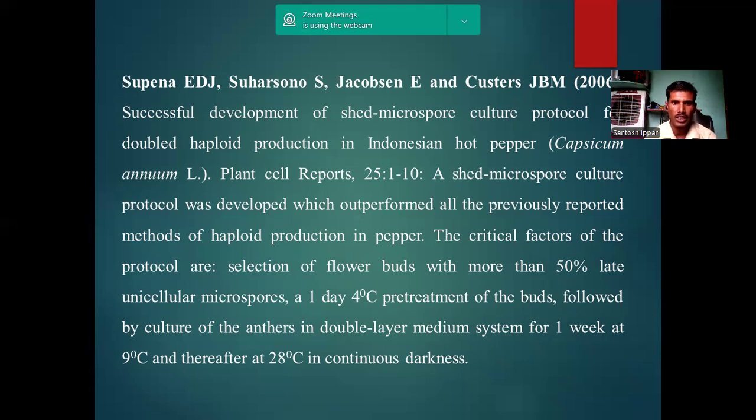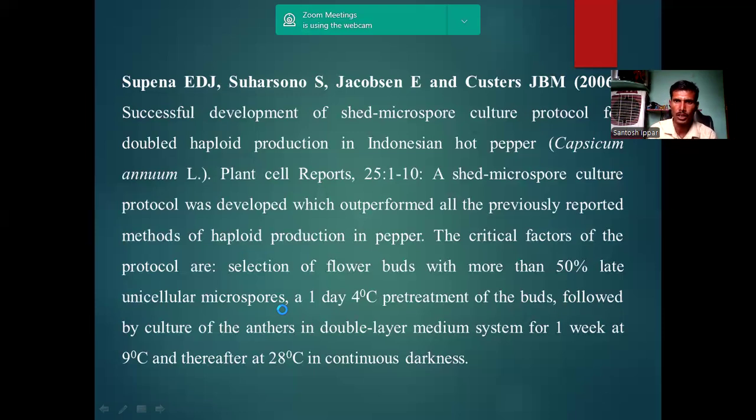Then this is a very important research article by Supena, Soharsono, Jacobsen and colleagues. These researchers explained one protocol, the shed microspore culture protocol, for the development of embryos and then plantlets from the microspores. Here they isolated anthers having 50% late unicellular microspores and inoculated them in the shed microspore culture media, meaning a double layer medium.